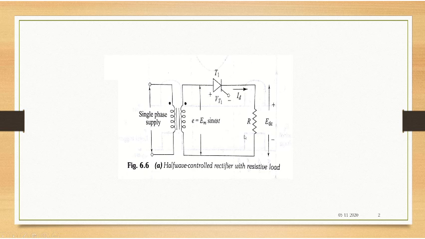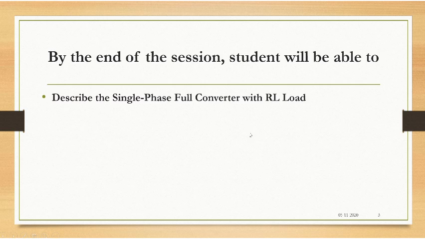There again you can understand the circuit with R load, RL load, and RL with freewheeling diode. According to your syllabus, now you have the single phase full wave control rectifier with RL load only. By the end of this session, you will be able to describe the single phase full converter with RL load.